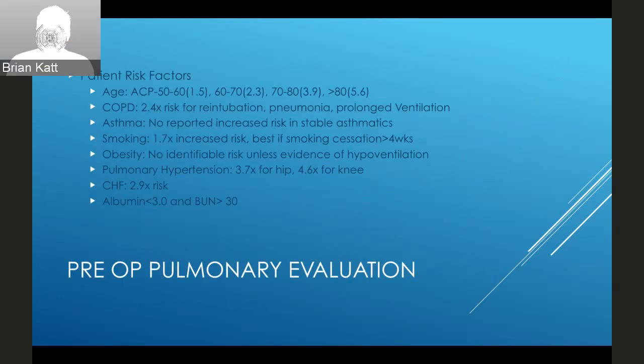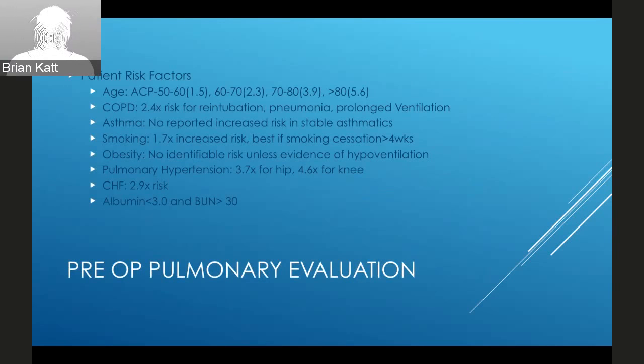Albumin less than 3 is likely a risk factor as well, because albumin can be not only a marker of overall nutritional status, with hypoalbuminemia reflecting perhaps decreased protein stores and decreased nutritional status, but it can also be a marker of chronic systemic disease.